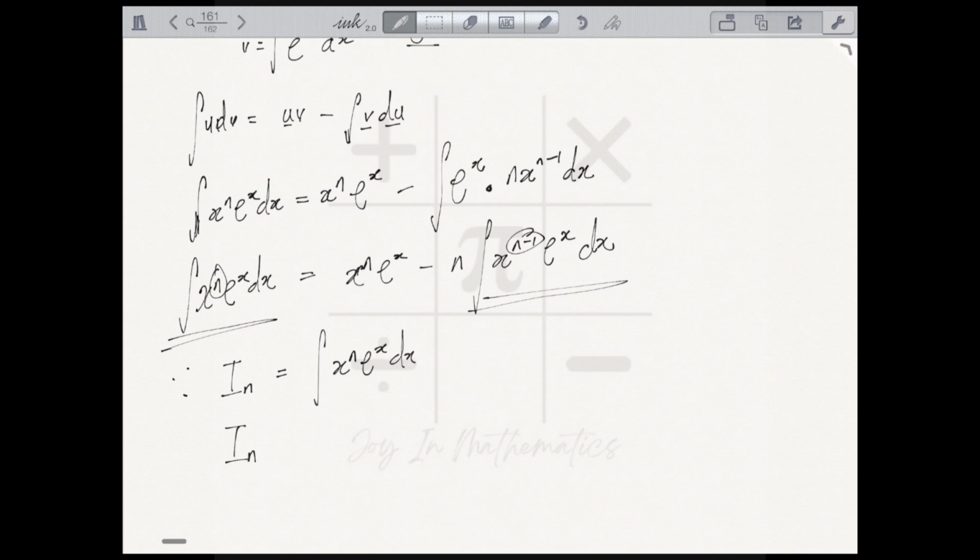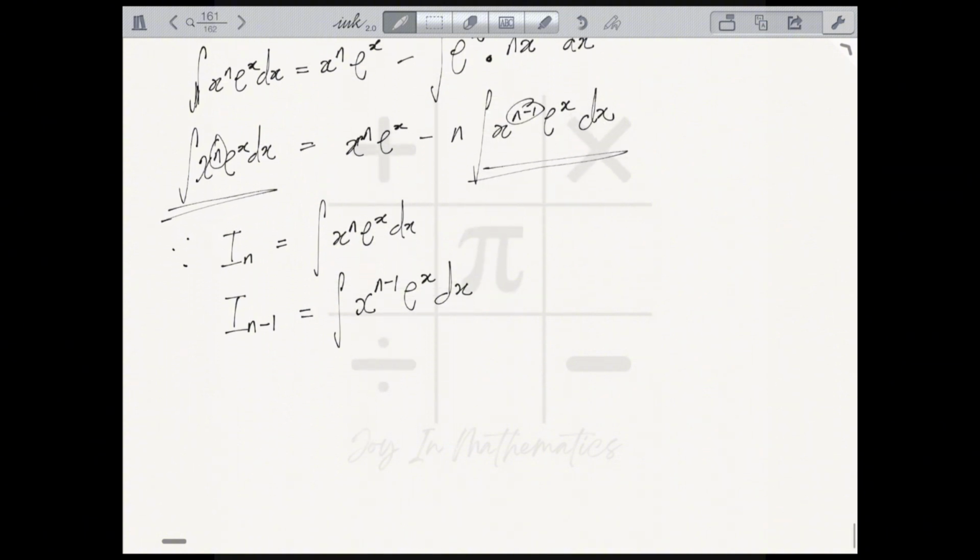Therefore, I(n minus 1) is equal to the integral of x raised to the power n minus 1 exponential x dx. So if we make our substitution using In, we can see now that In is equal to x raised to the power n exponential x minus n times I(n minus 1).